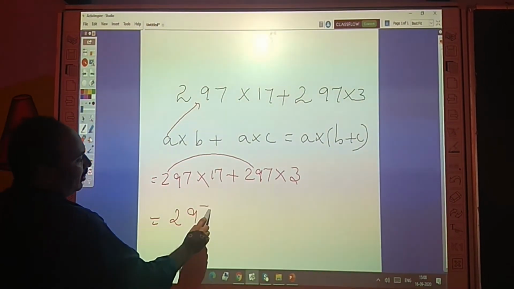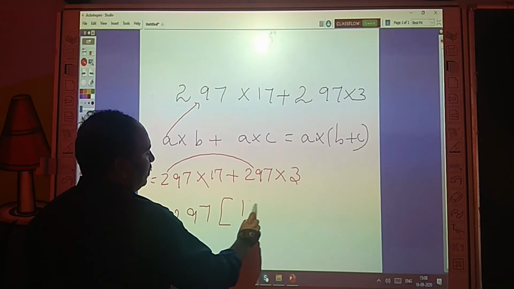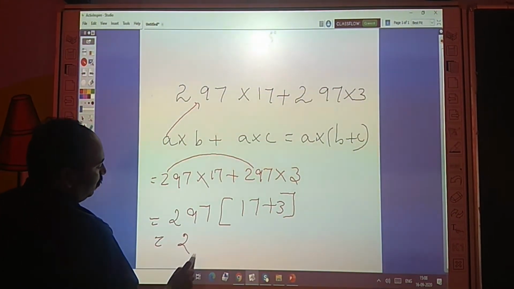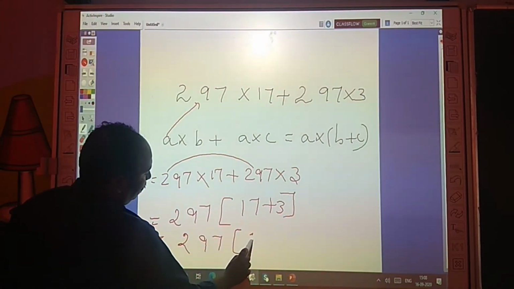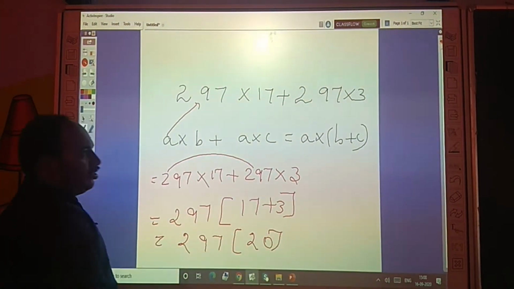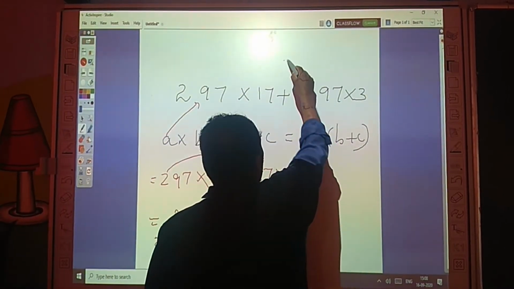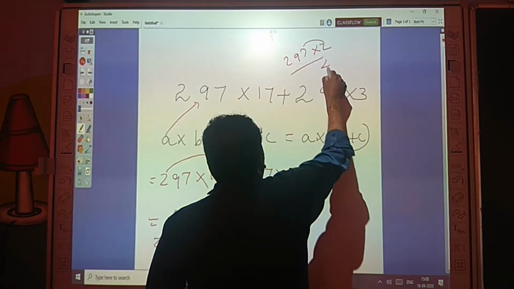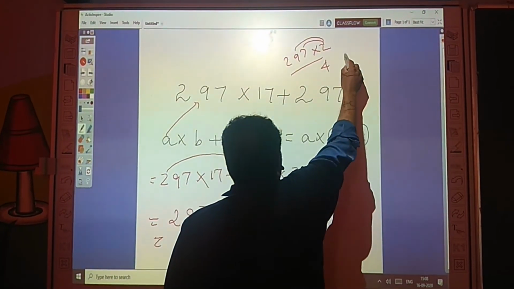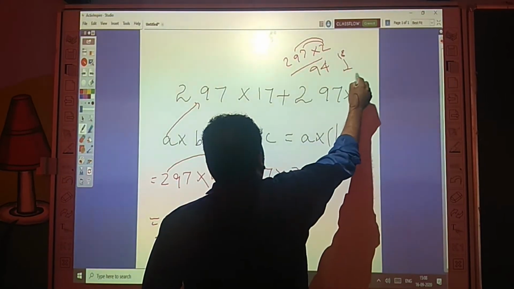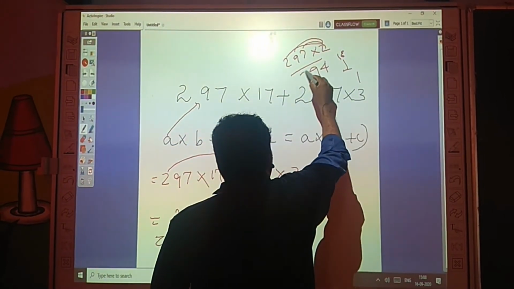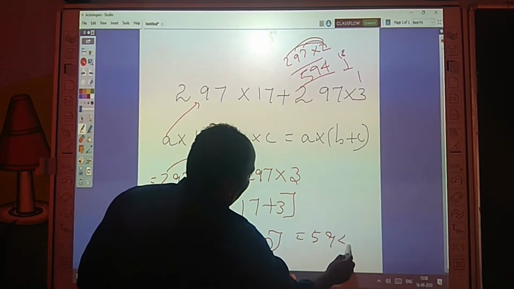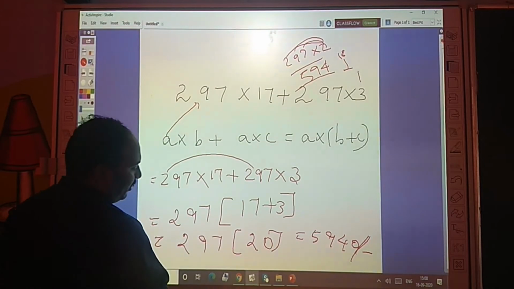The formula is 297 into 70 plus 3, that is 297 into 73. 297 into 20, 297 into 2. 7 twos are 14, 9 twos are 18, 2 twos are 4. Our answer is 5940.